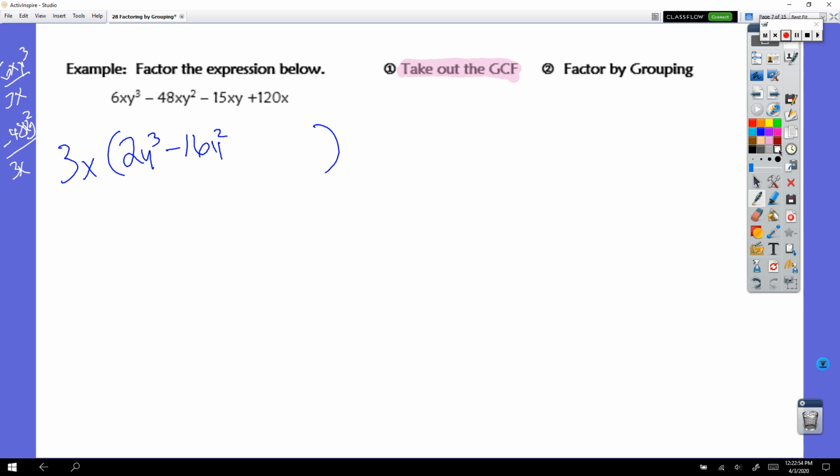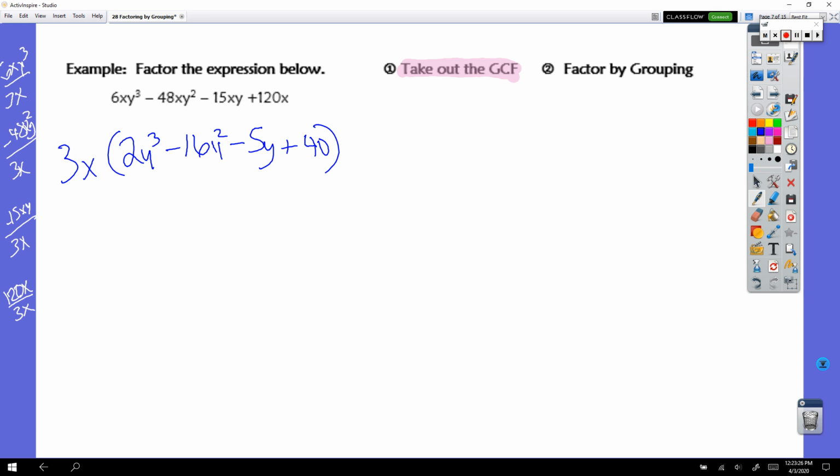Then I'm thinking negative 15xy divided by 3x, and that answer would be negative 5y. And the last part is 120x divided by 3x. 120 divided by 3 is 40, and the x's cancel out, so I've got a plus 40. So this is my new problem that I'm going to be working through.